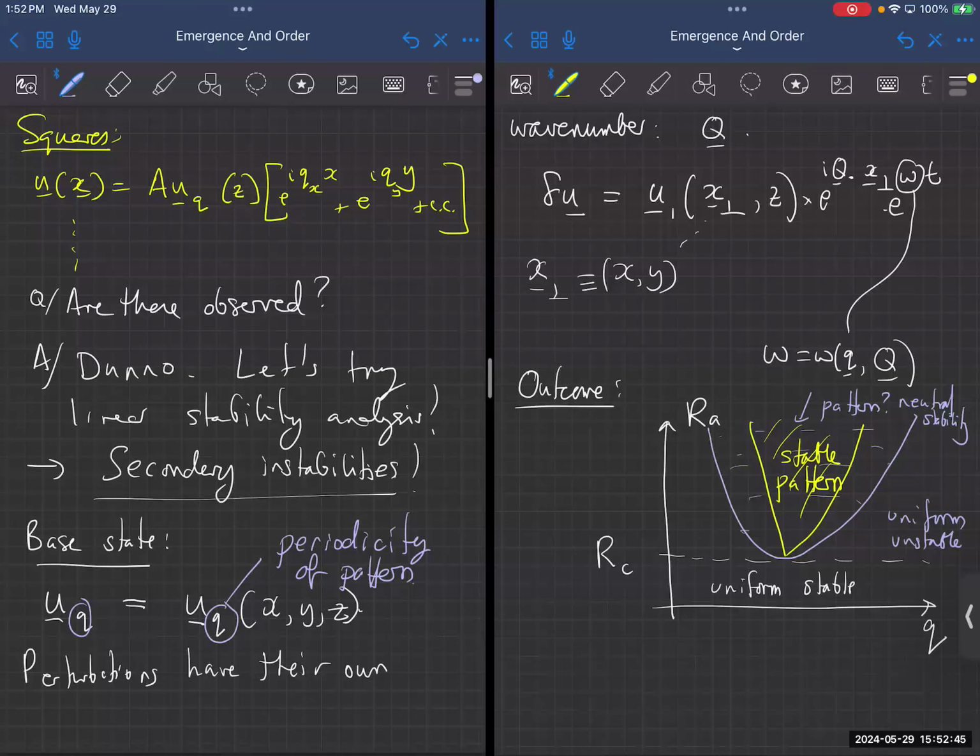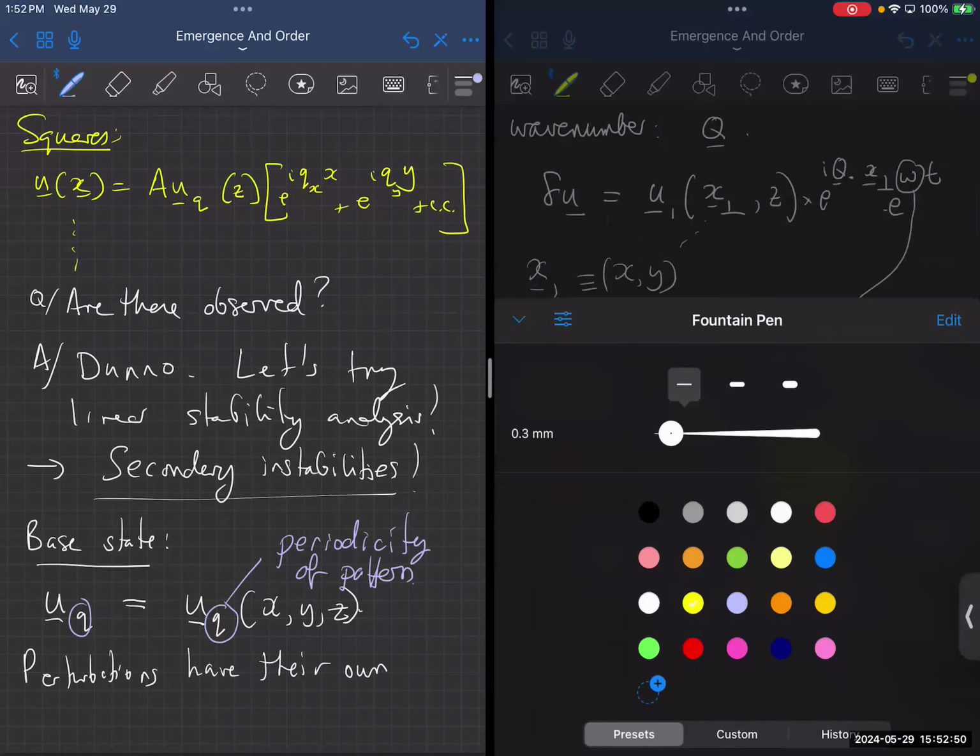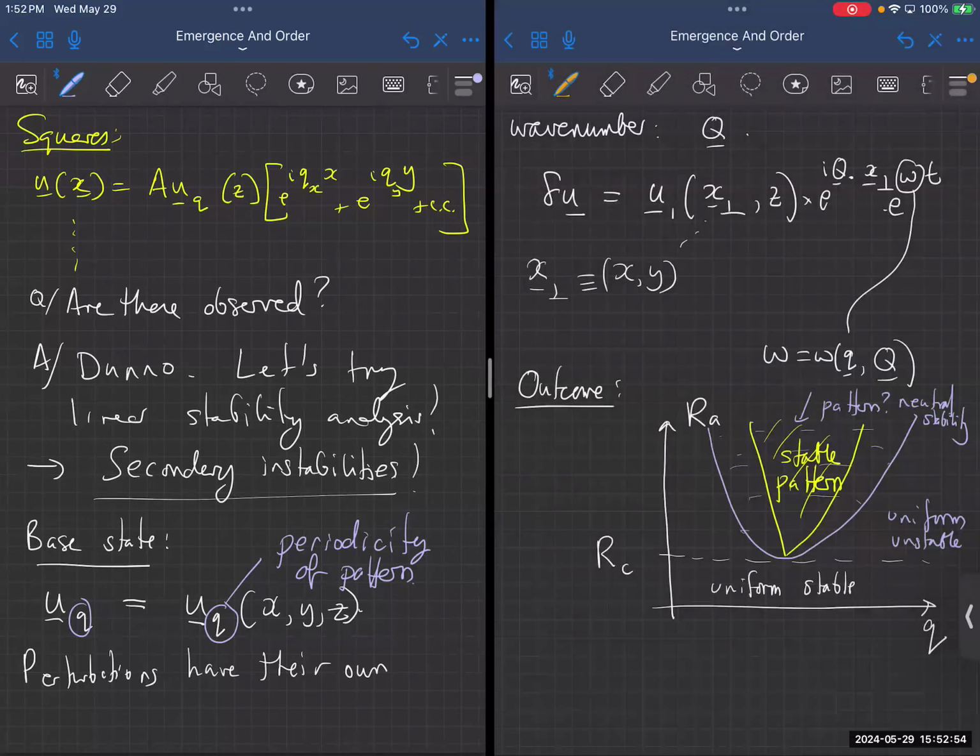And this pattern is periodic. In this regime over here, the periodic pattern is unstable. In here and in here.